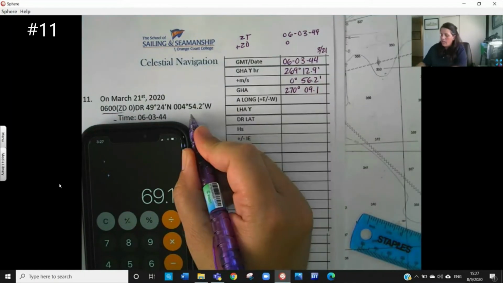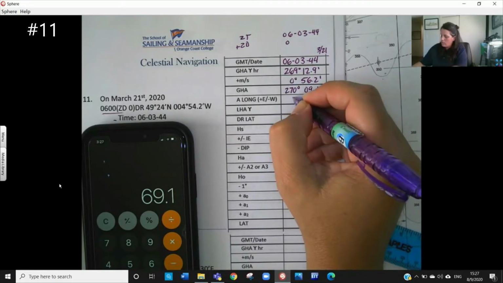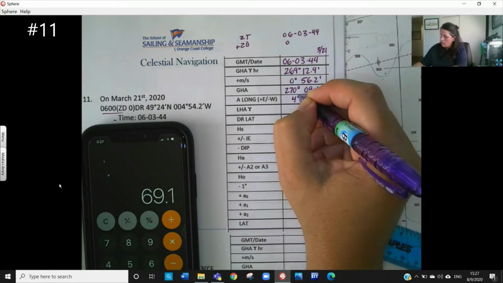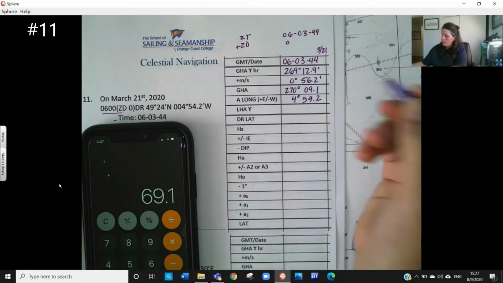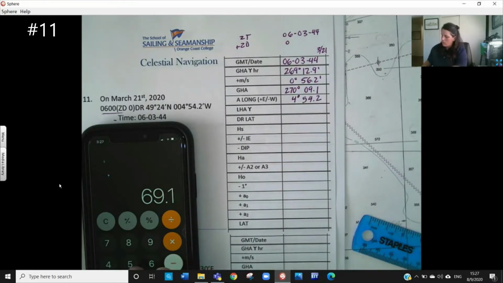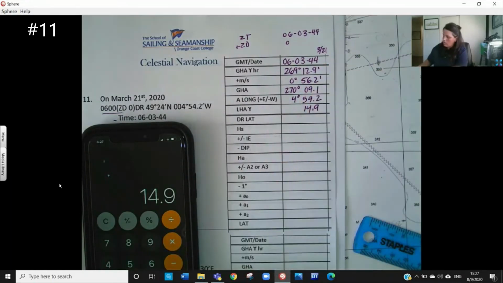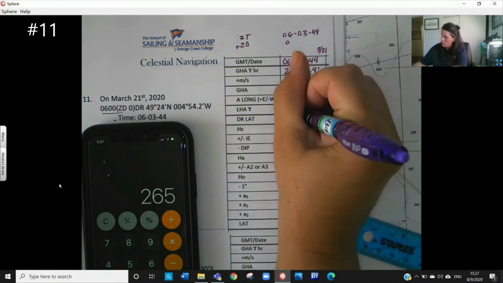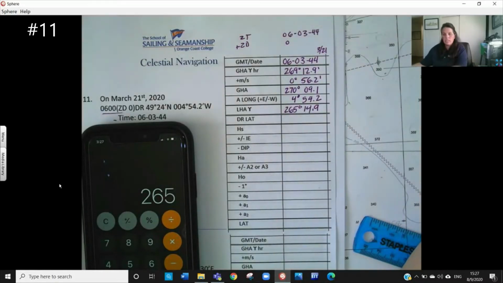I have a longitude, so I'm going to go with my DR longitude of 4 degrees, 54.2, and subtract. So I have an LHA of 265, 14.9.